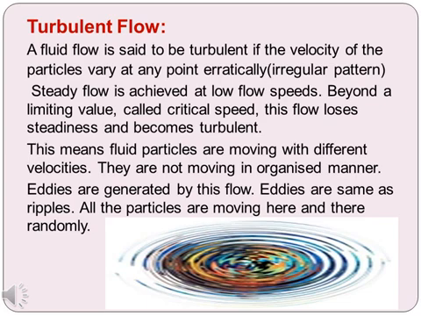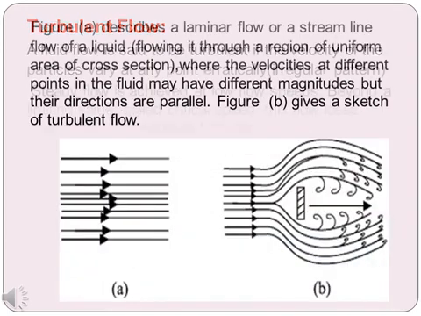You know that steady flow is achieved at low flow speeds. Beyond this limiting value, which is called the critical speed, the flow will lose its steadiness and become turbulent. This means that fluid particles are moving with different velocities. They are not moving in an organized manner.